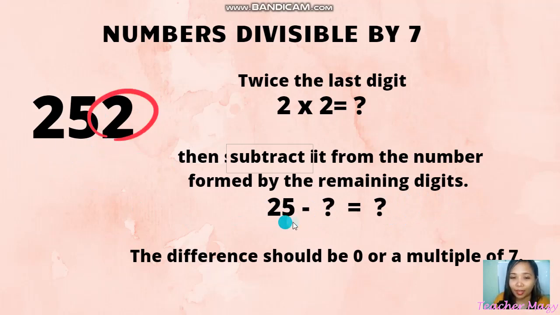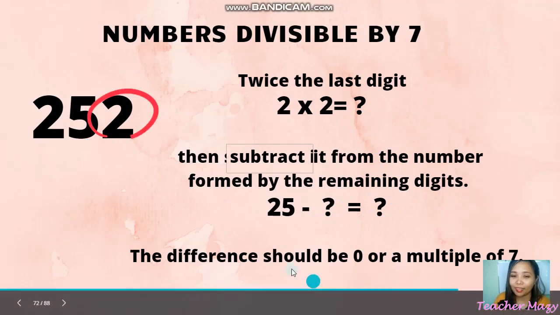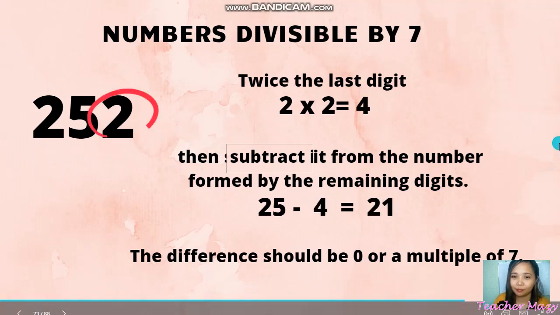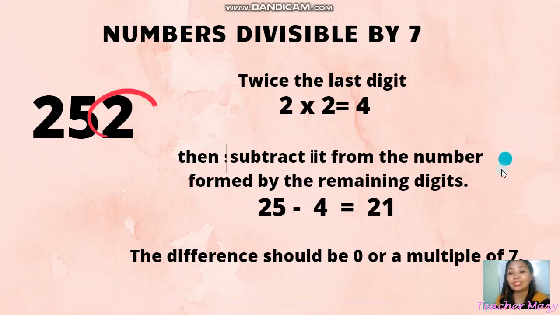So 25 minus yung product natin is equal to, so let's see kung 0 pa siya or multiple of 7. So the answer is 21. 2 times 2 is equal to 4. 25 minus 4 is 21. So that means this number 252 is divisible by 7.